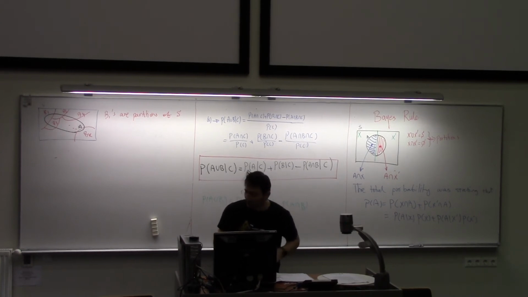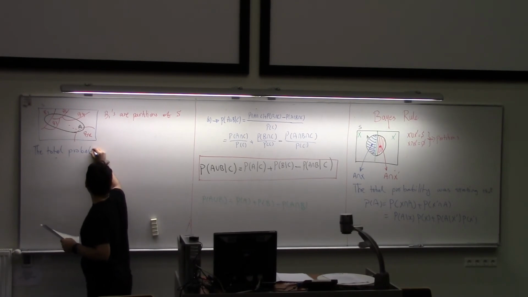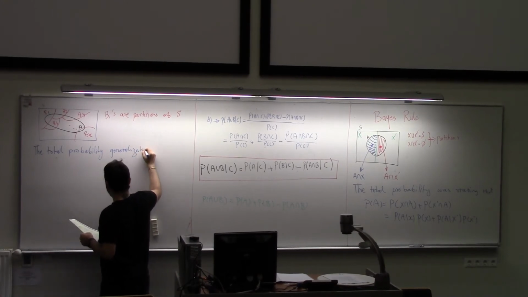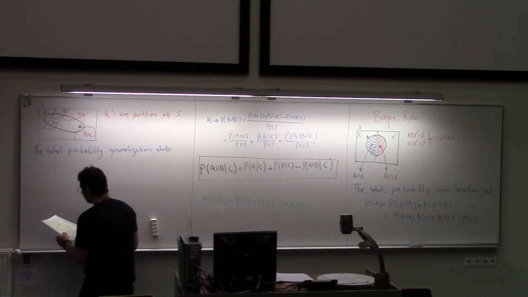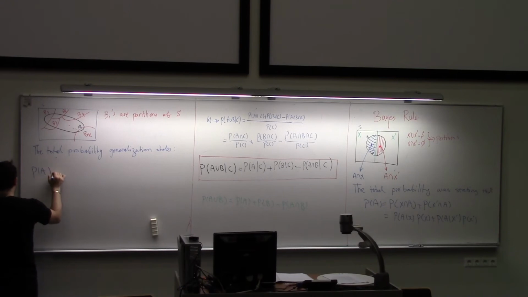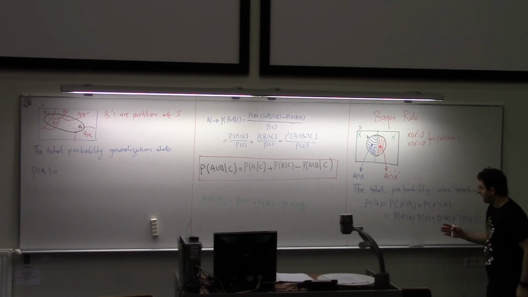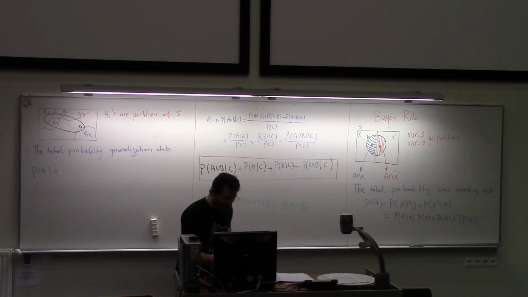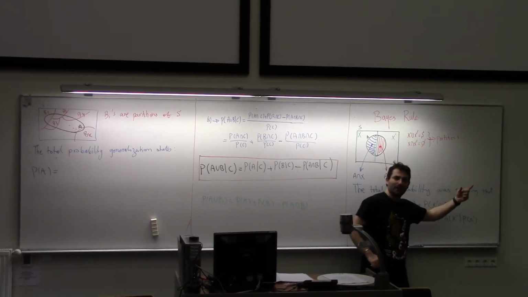So the total probability generalization states that the probability of A is the probability of A intersected by each partition plus the probability of A intersected by another partition plus so on.